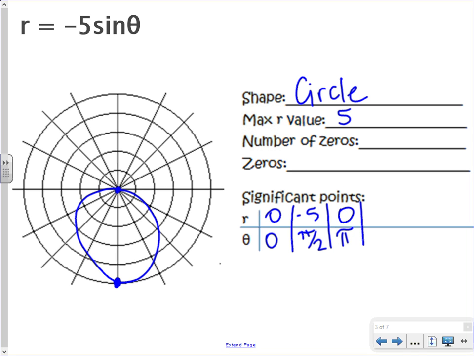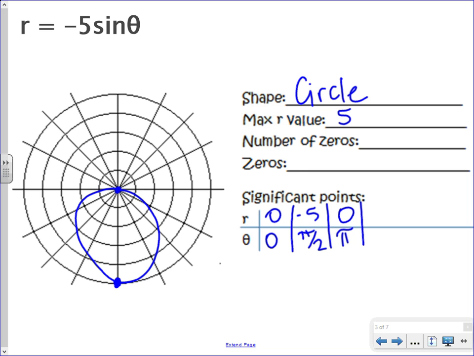All right. Now, let's just look at the numbers here. When we talk about zeros, we're not talking about where we hit the x-axis because we're not in rectangular coordinates. We're actually talking about where we hit the pole. So when we drew that circle, how many times did we touch the pole?